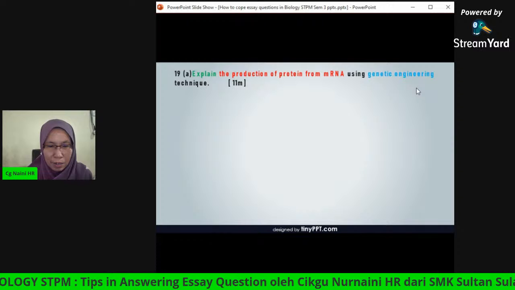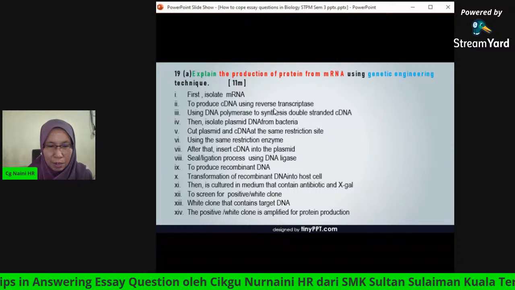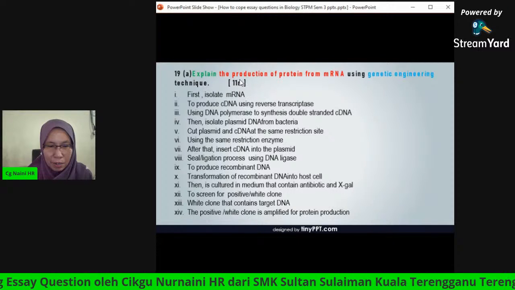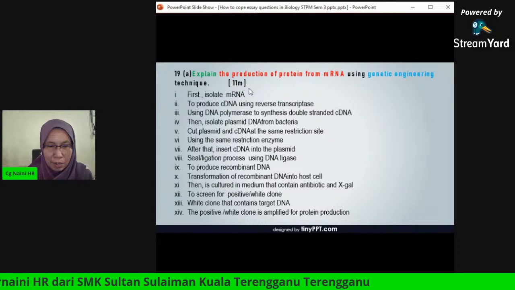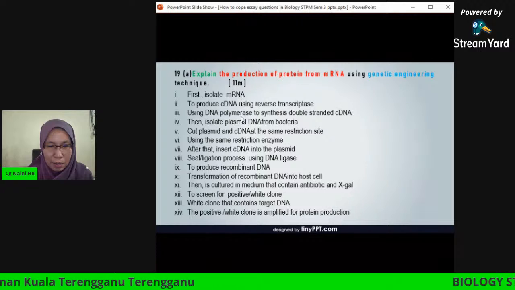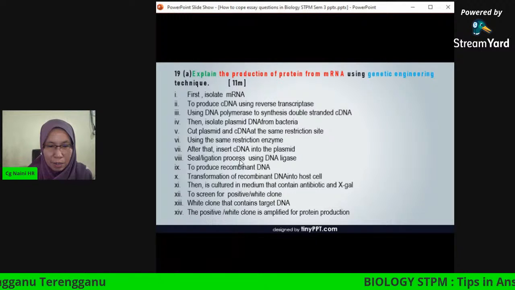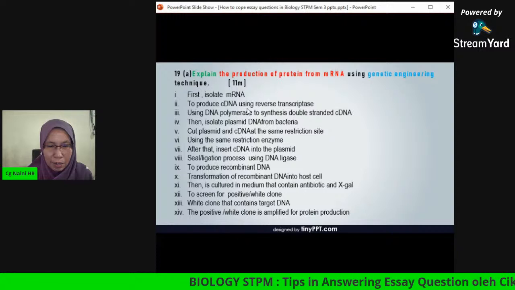The cloning process actually has more facts and more marks given for the process. For this one I have 14 points. So for the cloning process, there are 7 steps.